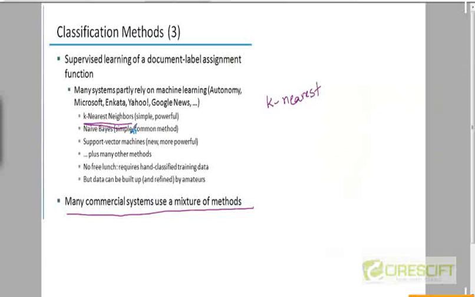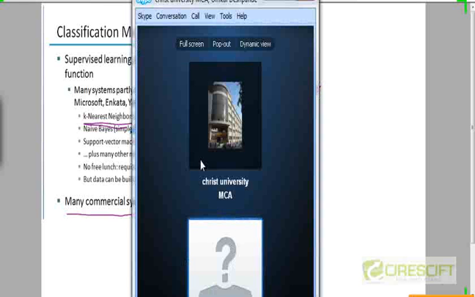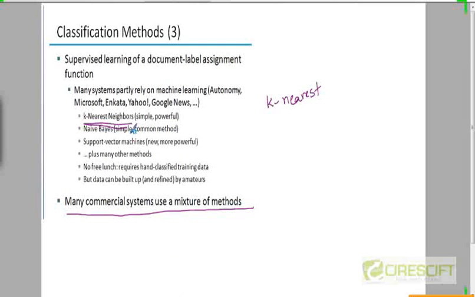So the majority of the neighbors belong to a particular class, and so you will classify this particular document or this particular query into that class. The query itself can be thought of as a document. So it's a simple extension of the nearest neighbor algorithm that we did earlier.